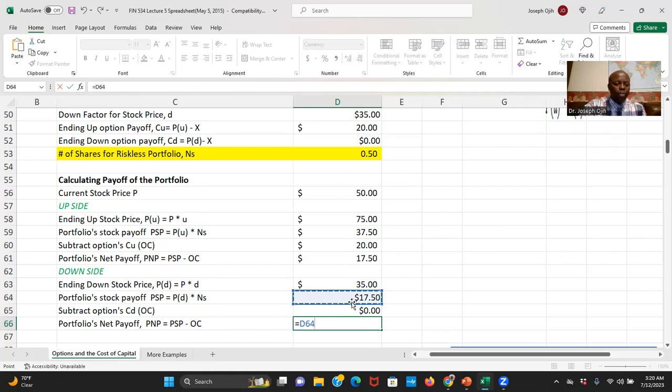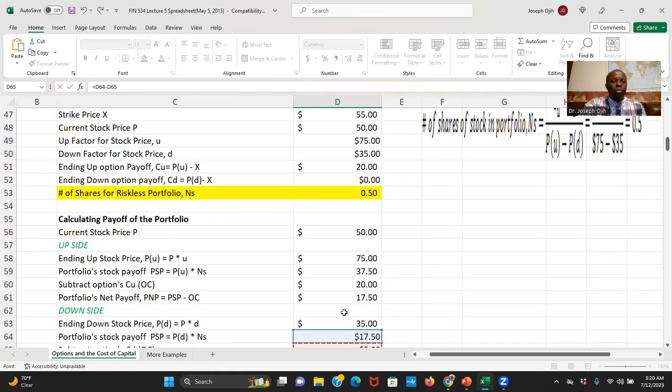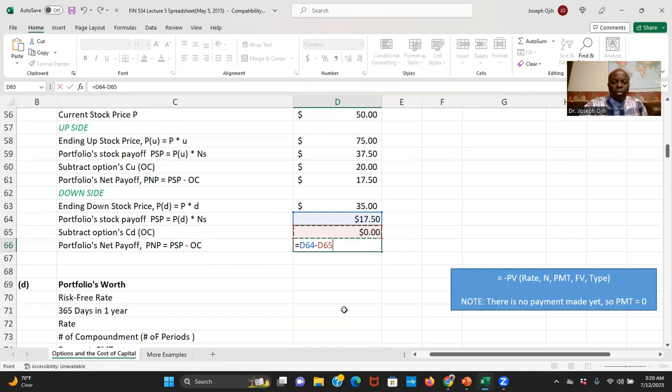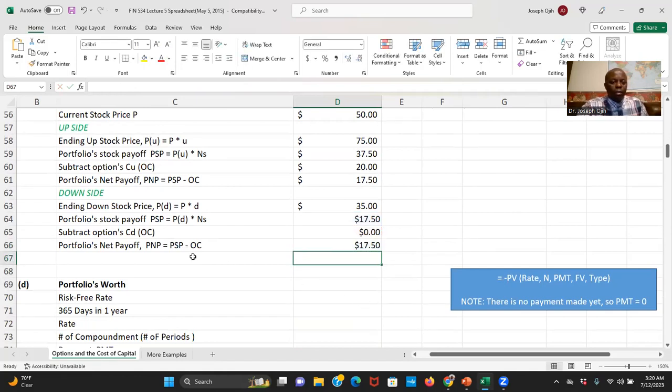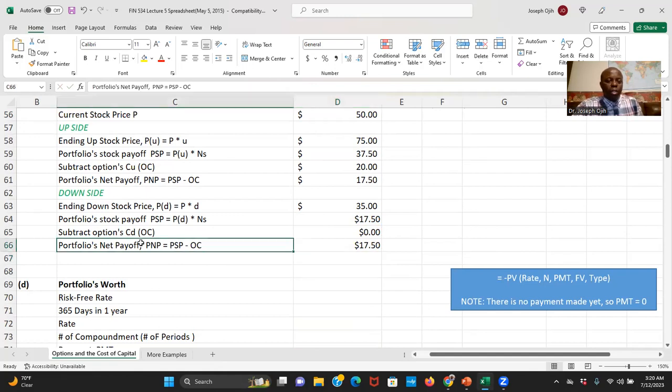$17.50, which is the portfolio stock payoff minus CD, which represents the ending down option payoff, and that will give you the net portfolio payoff. So I'm going to highlight the answer to that second part.